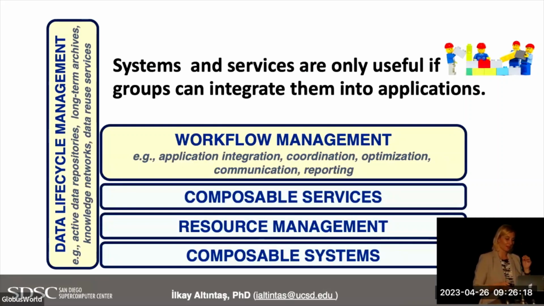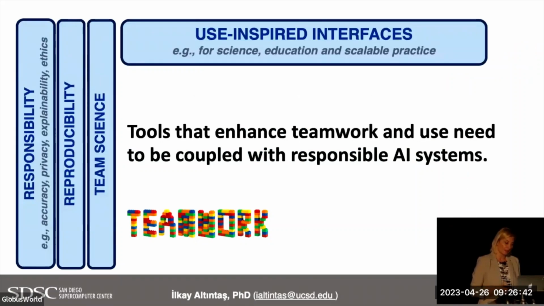But here I think caution is, I'm really talking about new types of workflows that we don't have right now, right? We can reuse some of the parts of our workflow systems and tools, but they need to optimize for these new things around scientific accuracy, reproducibility, team science, and those things need to be added.